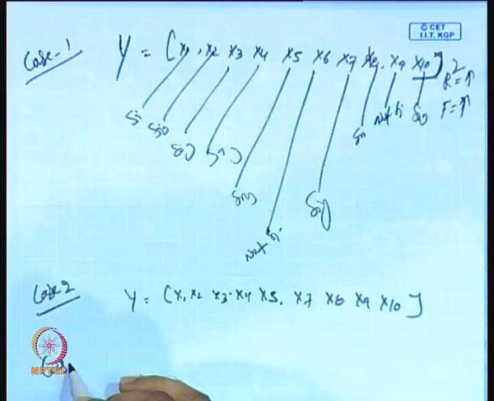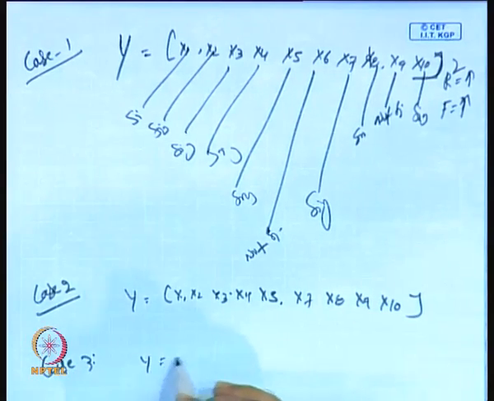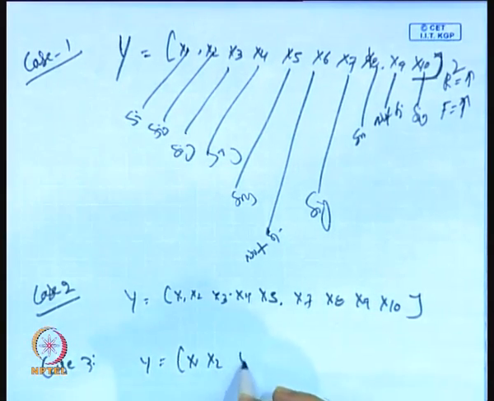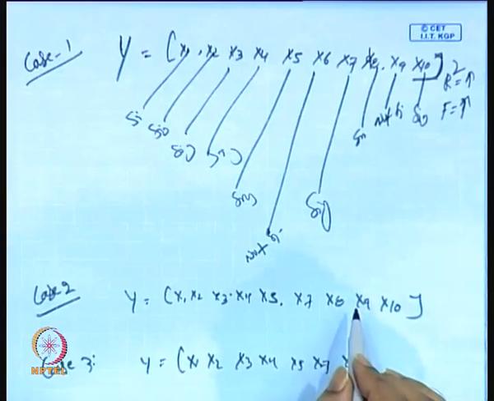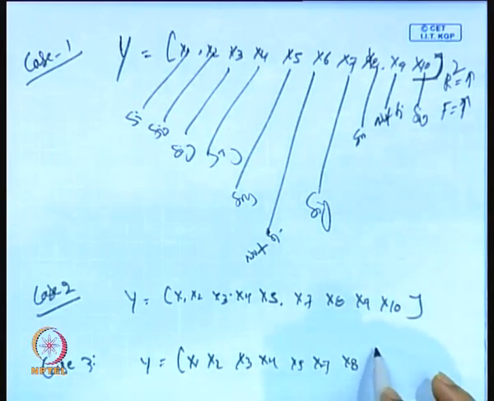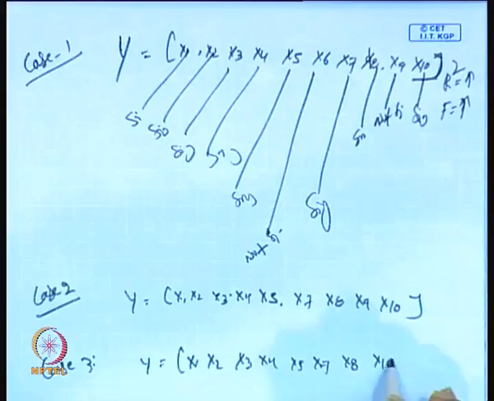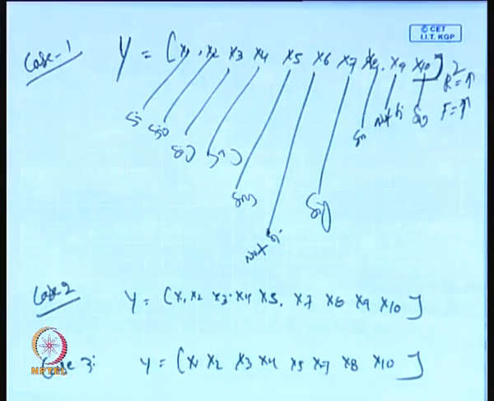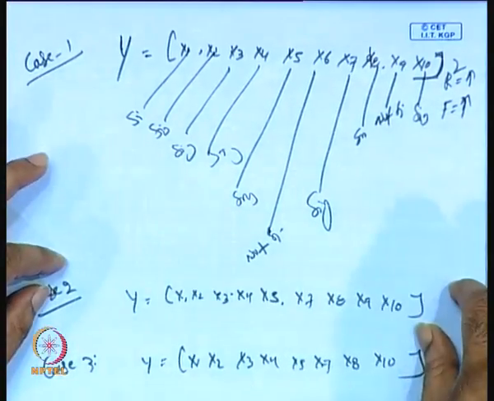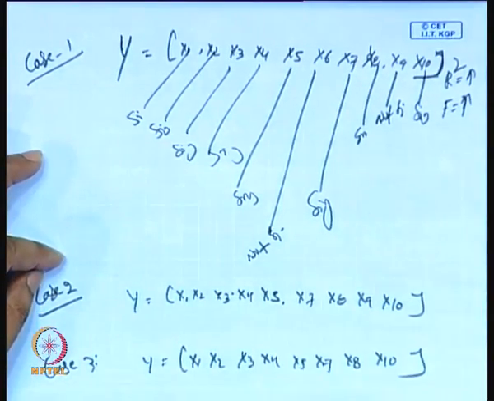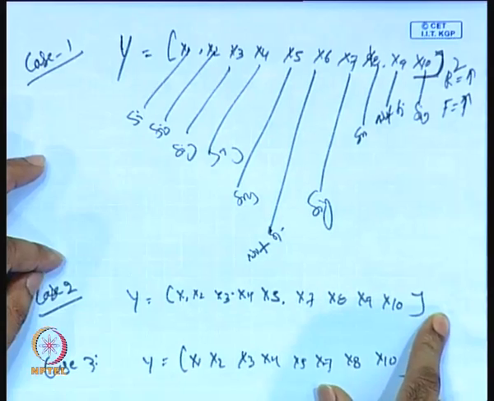Then case 3: y equals x1, x2, x3, x4, x5, x7, x8, dropping x9, then x10. So now there are three different cases. You go for this estimation and check the R square value and the significance of these parameters.